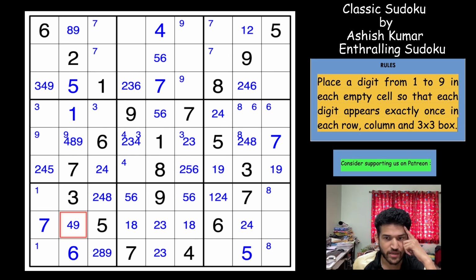You have a 4, 9, you have a 2, 4, you have a 1, 2, you have an 8, 9. Is there something tricky in here? So if this is a 2, this is a 4, this is a 9 and this is an 8.